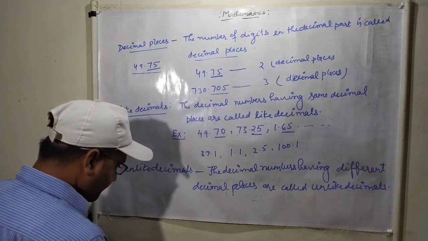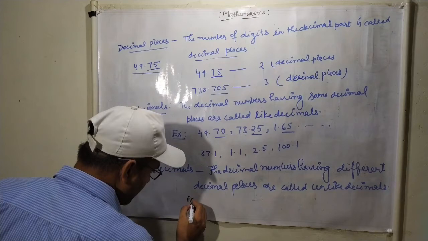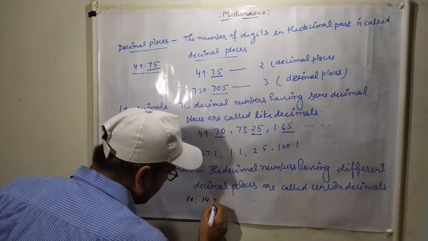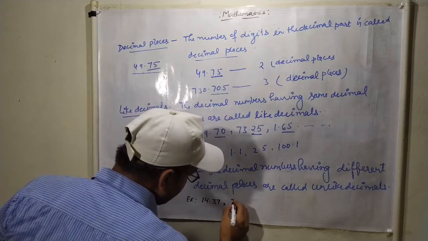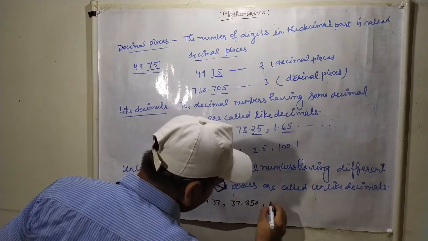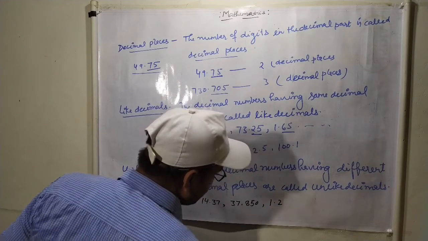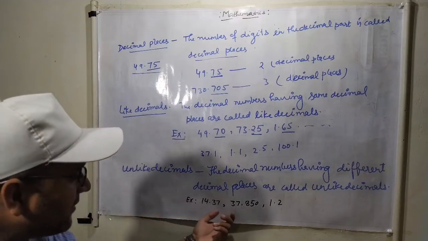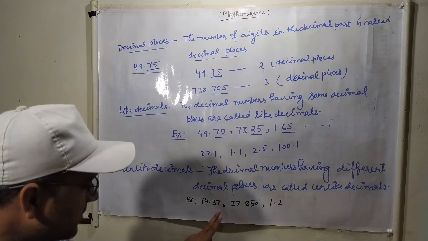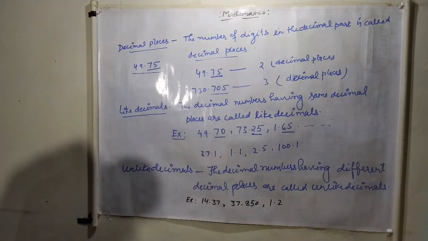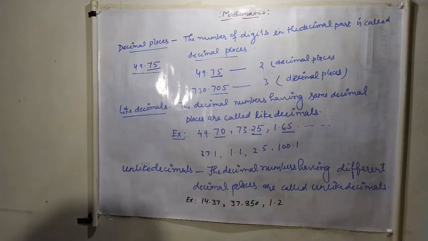For example, 14.37, 37.850, 1.2. They are said to be unlike decimals because they have different decimal places. Here are two decimal places, in this one 3, in this one 1 decimal place. So they are said to be unlike decimals.